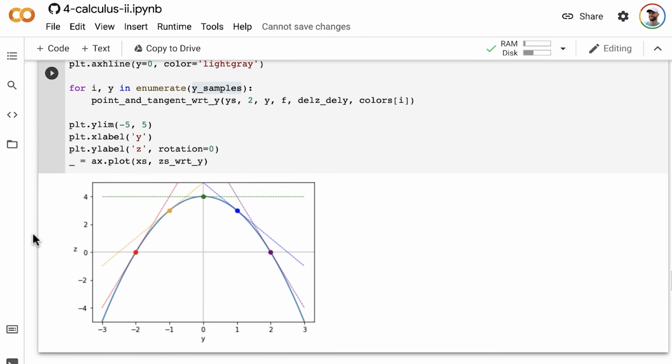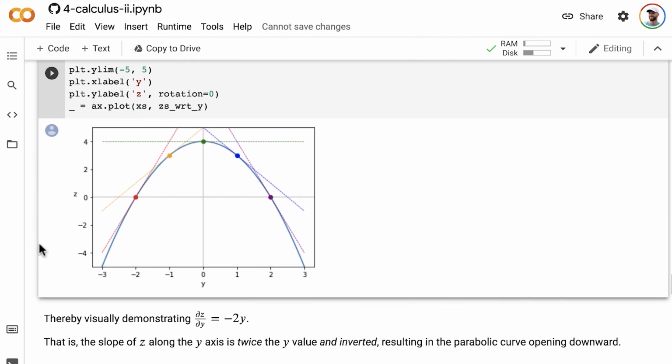And voila, we get our chart from the slides, which visually demonstrates that the partial derivative of z with respect to the y-axis, del z del y, is equal to negative 2y. That is, the slope of z along the y-axis is twice the y value. So at this point here, where y is equal to 0, our slope is equal to 0.